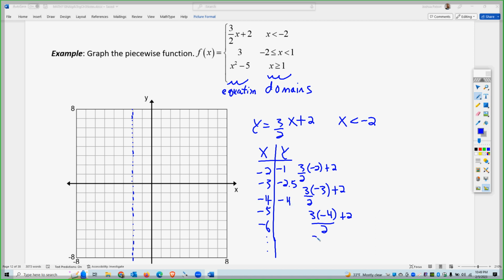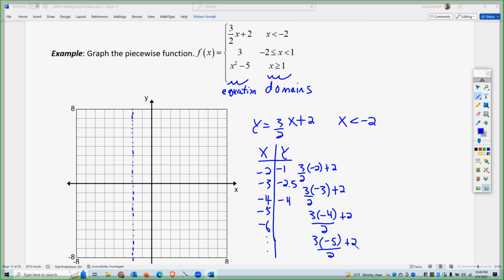I guess we'll do a couple more here. All right, so -5 over 2. I think it's going to be off the graph anyways, right? So that's going to be 15, correct? 3 times 5 is 15. So -15 divided by 2, so 7.5, right?